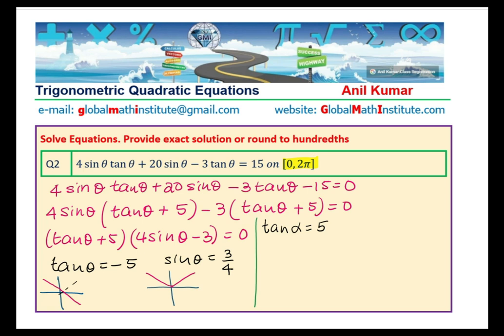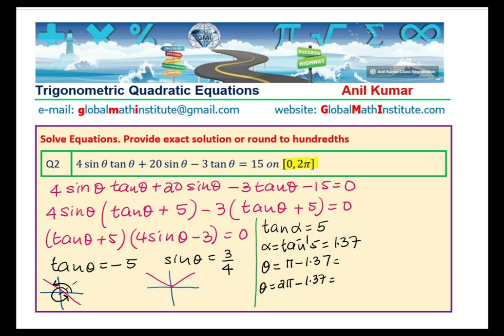So I'm going to round this, alpha equals tan inverse of 5, which is 1.37. So what is going to be theta, which is between 0 and 2 pi? The two solutions are pi minus alpha and 2 pi minus alpha. So theta equals pi minus 1.37, and theta also equals 2 pi minus 1.37.